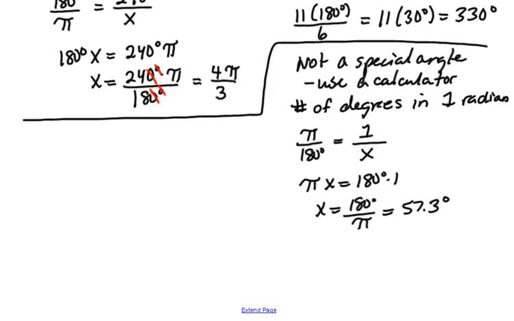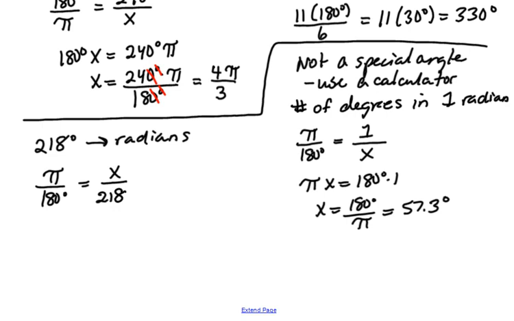Let's say we want to convert 218 degrees to radians. So I would say pi over 180 is equal to x over 218. So I've got radians over degrees on the left-hand side, so I have to have radians over degrees on the right-hand side.